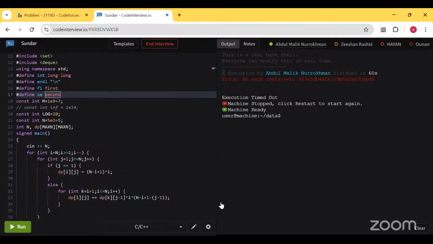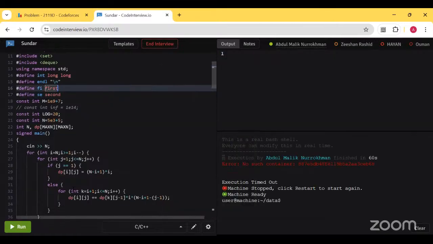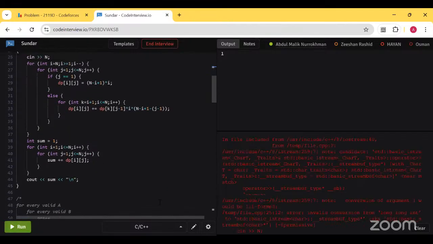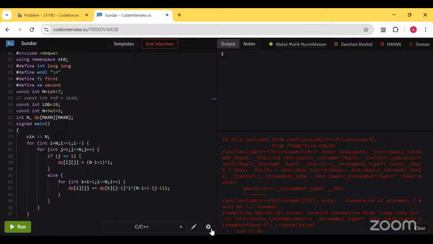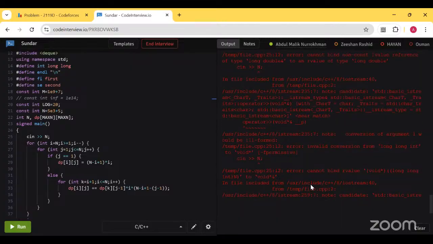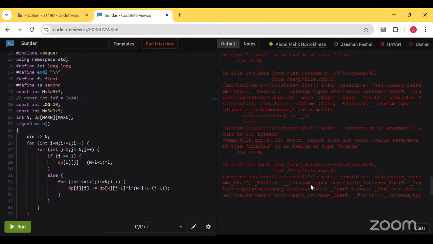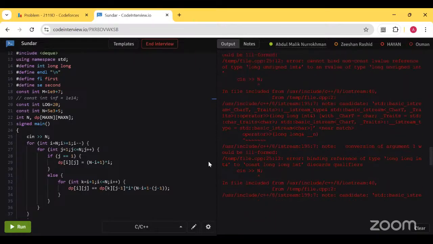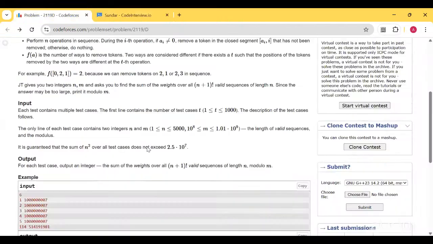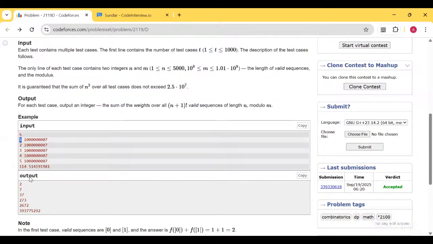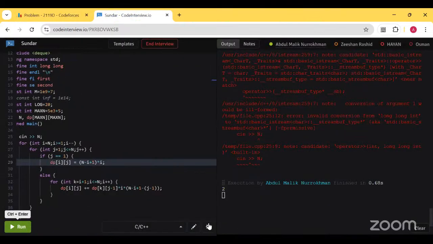Okay, what if n is equal to 1? If it is equal to 1, then the answer is 2.